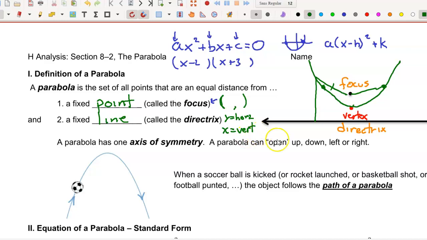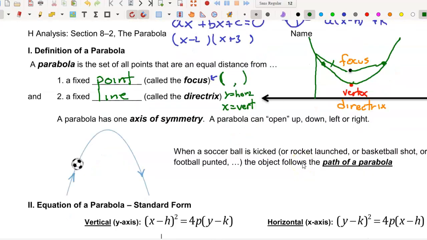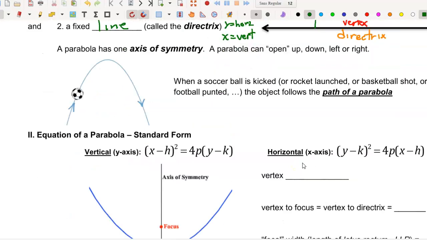Okay. And we can use a bunch of parabolas to figure out, if something goes up in the air, where is it going to fall, right? That's always a good thing. They just have a soccer ball here, but more realistically, you could think of when they're launching SpaceX stuff up, and they always want the boosters to crash into the water so they can pick them up and reuse them. That's why they do it over the ocean.